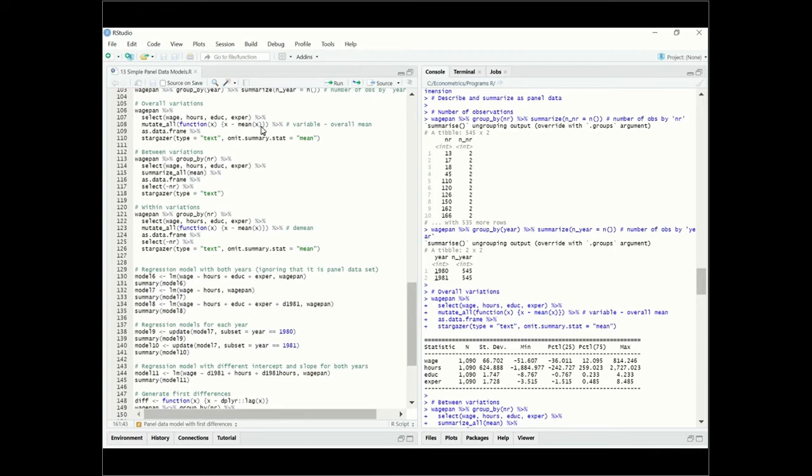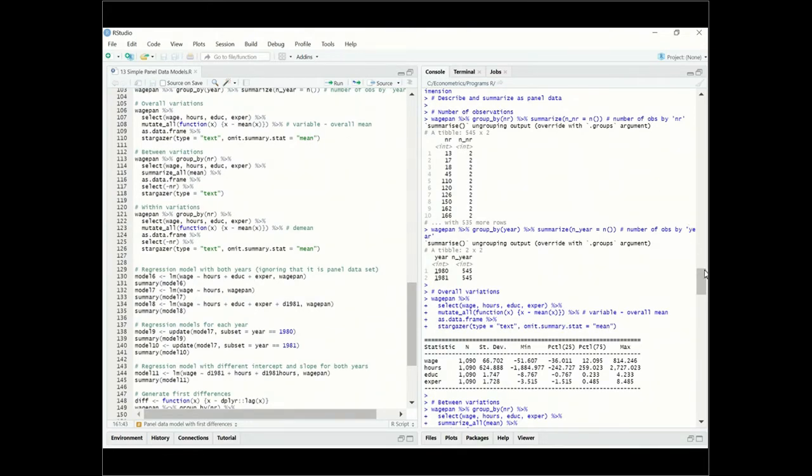And then use this as a data frame, and using Stargazer show the summary table, and we want to omit the summary statistic mean here in this table.